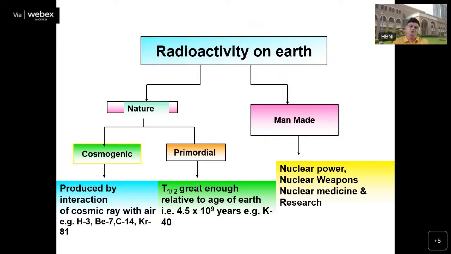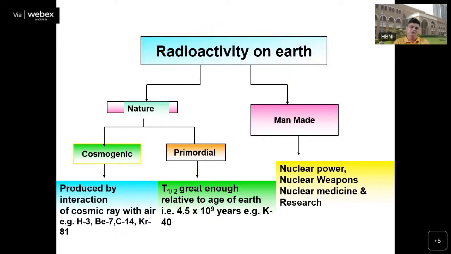This is how various kinds of radioactivity exist on the earth. Our earth has both natural and man-made radionuclides. As far as nature is concerned, we have many cosmogenic radionuclides, which are produced by the interaction of cosmic rays with the air.